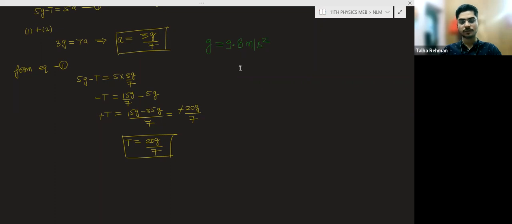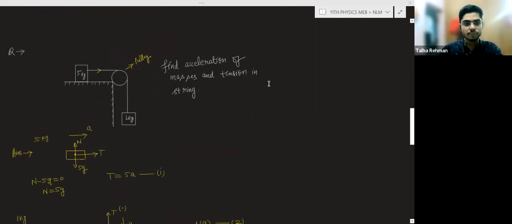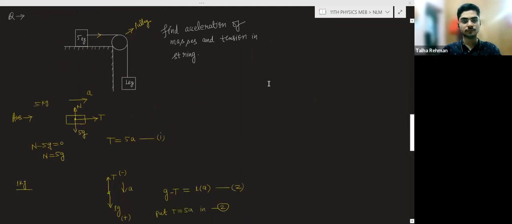And this surface is a smooth surface. Here we are not considering the friction.